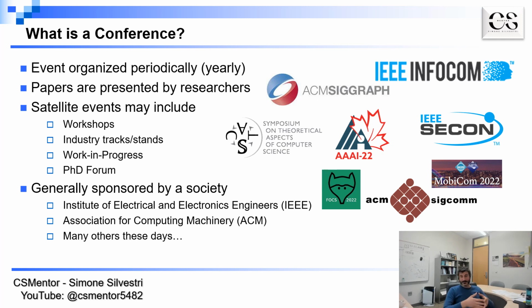Mostly ACM sponsors conferences in computer science, while IEEE sponsors conferences in computer science and computer engineering, but also electrical engineering, etc. It's the Institute of Electrical and Electronics Engineers. So, of course, it has a wider spectrum. There are many other organizations these days that sponsor conferences, and I'm going to talk a little bit about them at the end of this video.